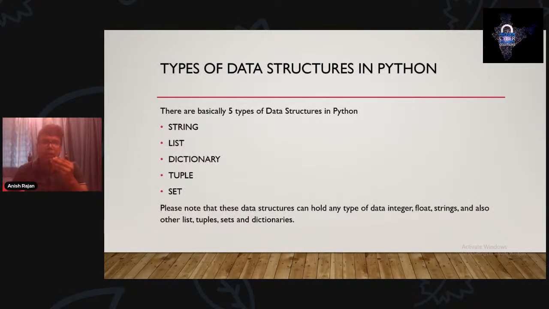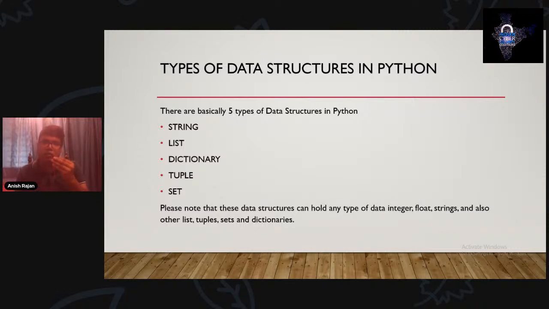Now, in Python, we have 5 types of data structures: string, list, dictionary, tuple, and set. One more thing we should note here is that these data structures can hold any type of data.